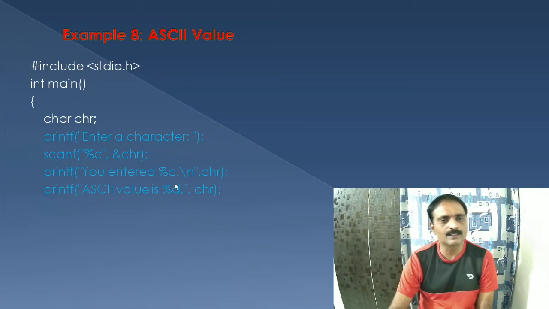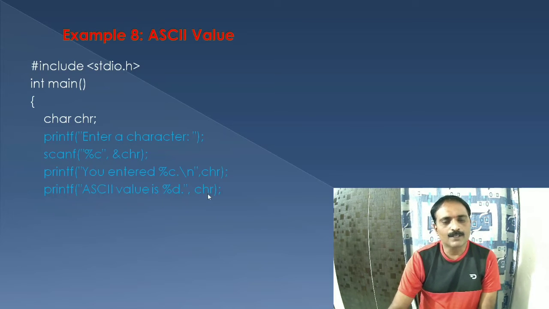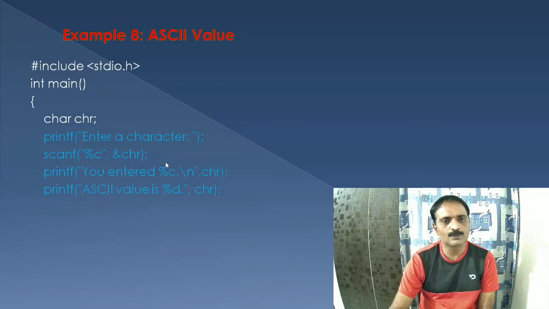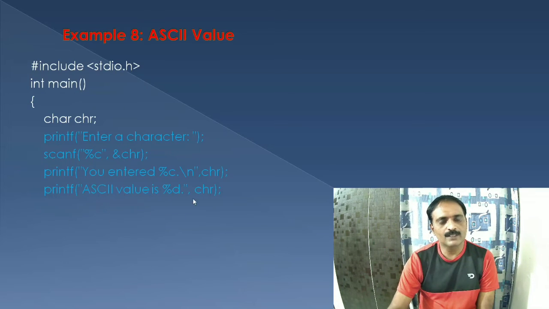We have to represent it as %d, meaning whatever ASCII value is assigned to this particular character will be printed here. For a character we normally use %c, but when we use %d, whatever ASCII value is there, American Standard Code for Information Interchange, that value is going to be written here.